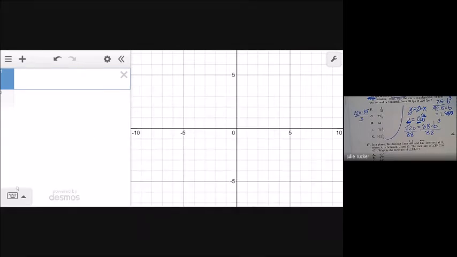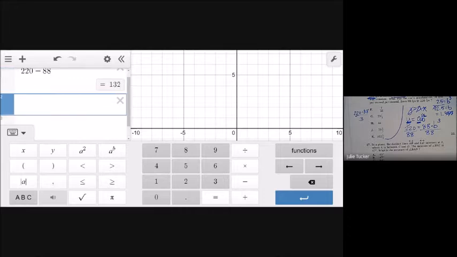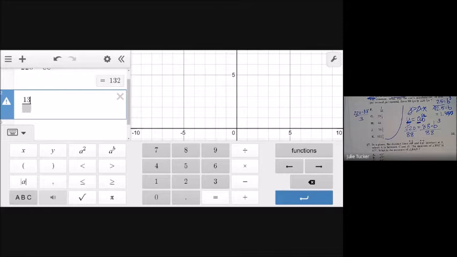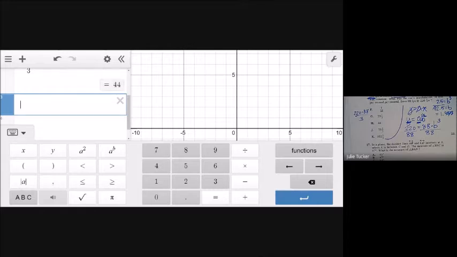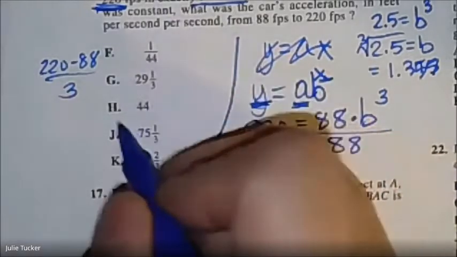I've never used Desmos to do a fraction, so I've never thought about it before. I guess I'll just click divided by. So 220 minus 88 divided by 3. Okay, 132 divided by 3 is 44. So that's H.